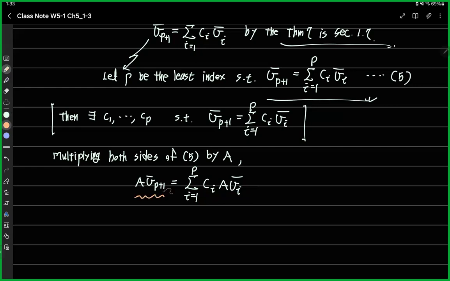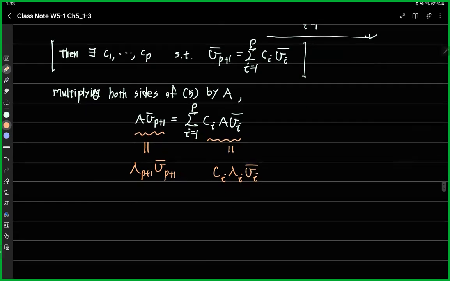What's this? This is equal to lambda(p+1) v(p+1), and this one is equal to ci times lambda i times vi.